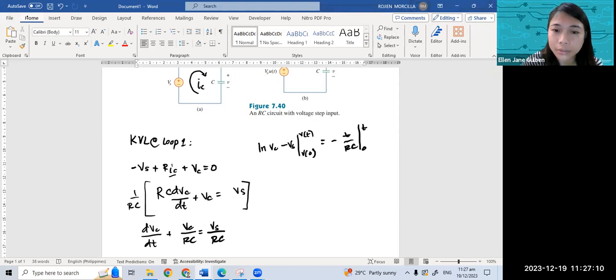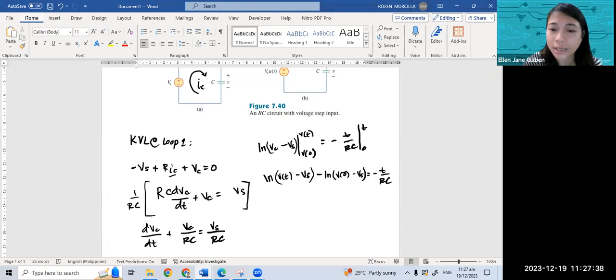ln of V of t minus Vs minus ln of V0 minus Vs is equal to negative t over RC.